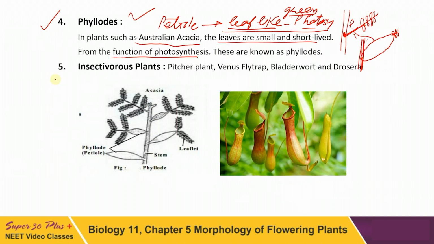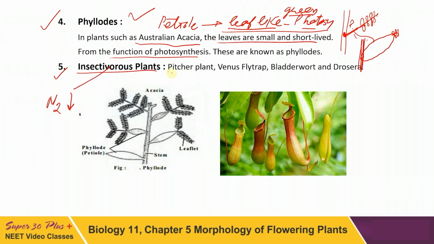Okay. Come to the next one now, insectivorous plants. You know insectivorous plants have to catch insects because they are found in soil where there is a deficiency of nitrogen. To compensate for this deficiency of nitrogen, they have to catch insects, and to catch insects, their leaves are modified.